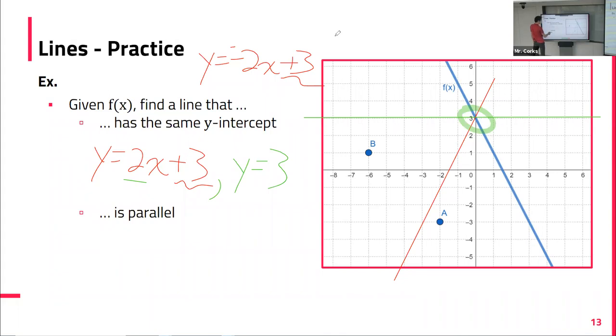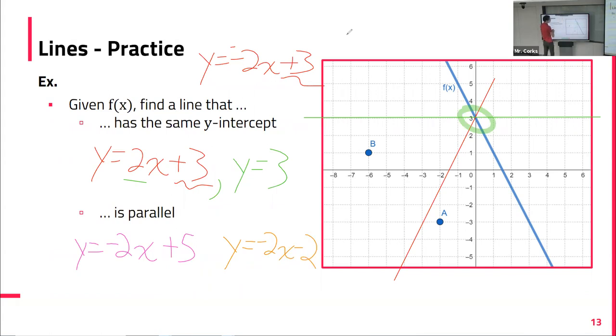So a parallel line to our original one, f of x here, would be y equals -2x, and then plus any other value for our intercept here. So plus 5 or y equals -2x minus 2 or any other intercept.